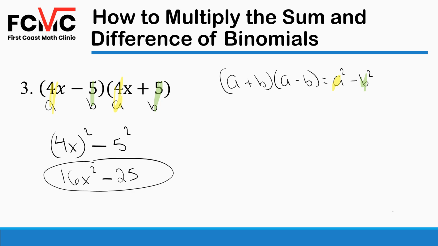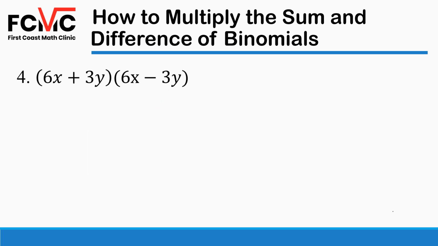All right, let's do one more example. All right, so here we've got 6x plus 3y times 6x minus 3y. So again, we know our rule, A plus B times A minus B equals A squared minus B squared. So this is our A, this is our B, that's our A, that's our B. So we're going to square our A value.